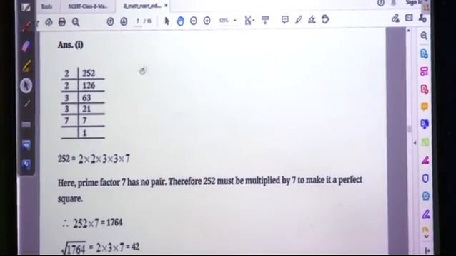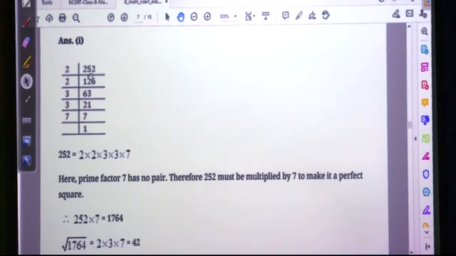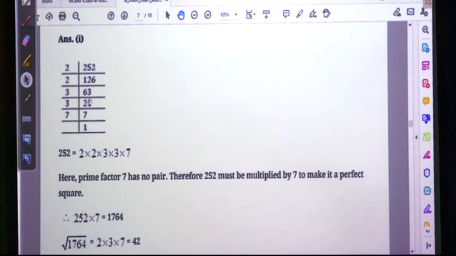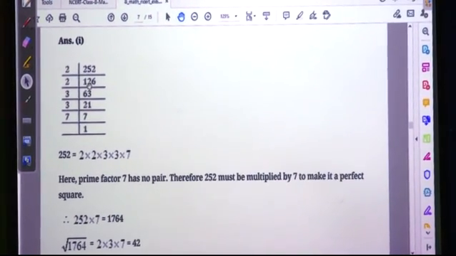Here the first sum is 252. You can see the prime factorization here. 2 1s are 2, 2 2s are 4, 1 carried, 2 6s are 12, 2 3s are 6, 3 2s are 6, 3 1s are 3, 3 7s are 21 and 7 1s are 7.